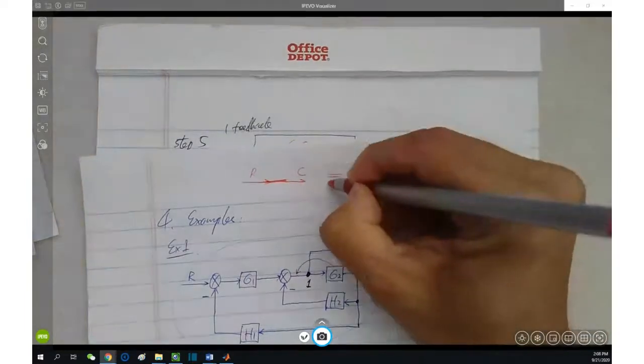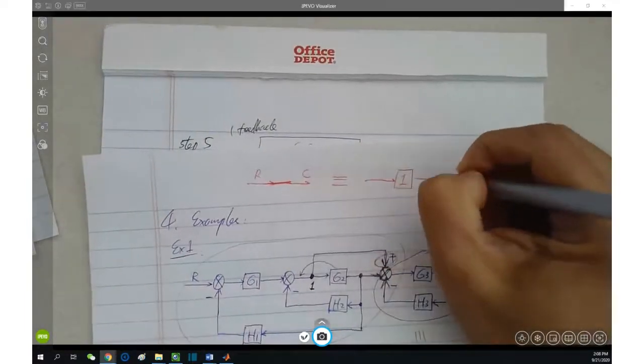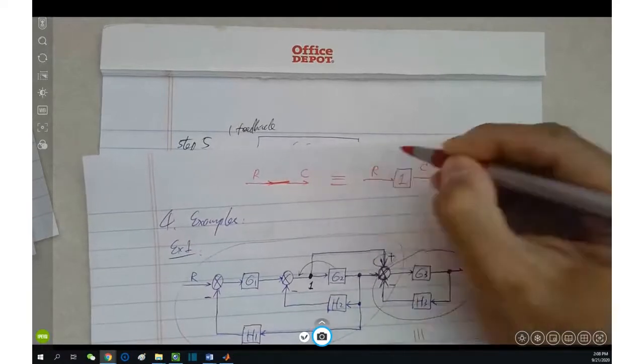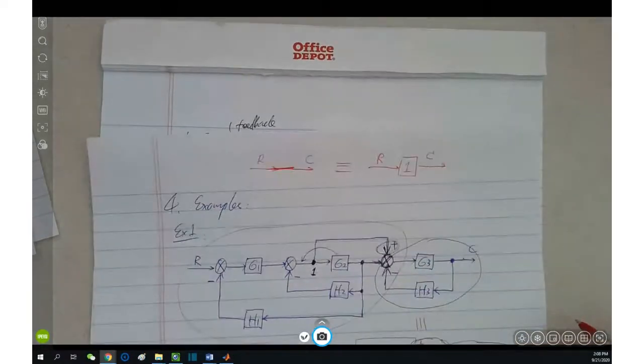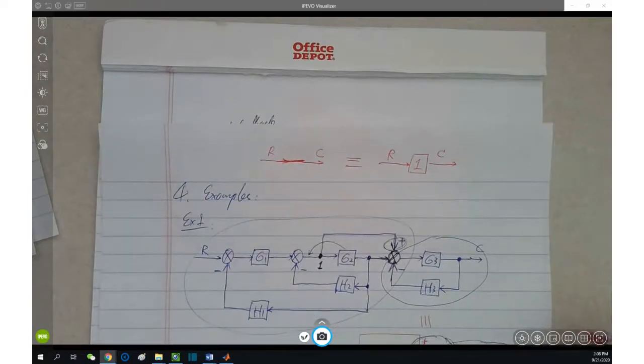But they're equivalent to this, right? Does it make sense now? We can immediately assume a straight line is just 1 for that. A straight line means a gain of unity.